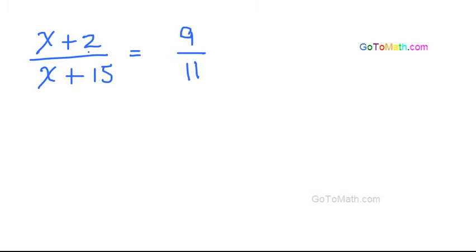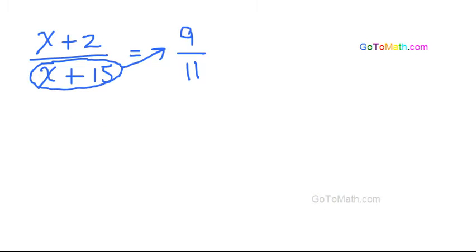Let's do something here. We're going to multiply both sides by, I didn't actually give myself enough room here, but we want to take this over to the other side of the equal sign, taking it up here diagonally. It's the same thing as multiplying both sides by x plus 15.